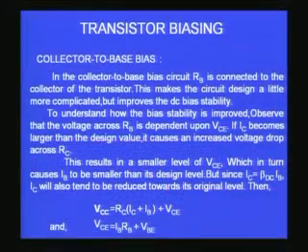So now we saw one biasing circuit which involved a base resistor connected between the VCC and the base of the transistor. But there is another way of constructing a biasing circuit also, and I will show you on the picture.